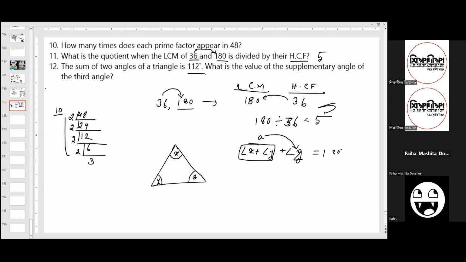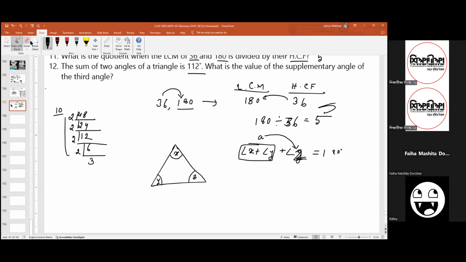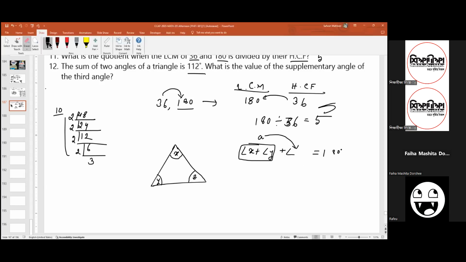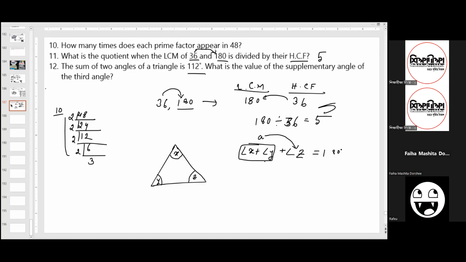And Z, assume. Do you understand this? Yes, sir. So Z, right? If we assume that the sum of X plus Y is A, then A plus Z is also 180 degrees, right?